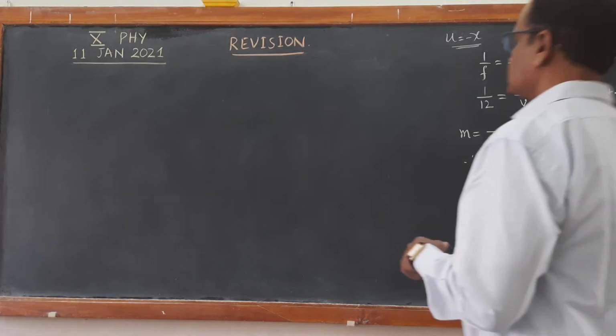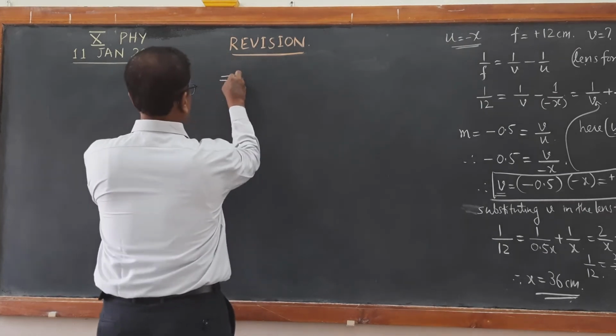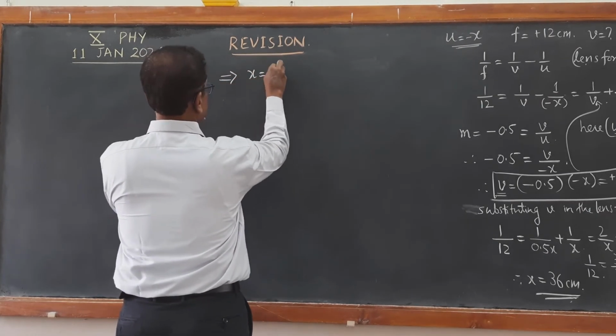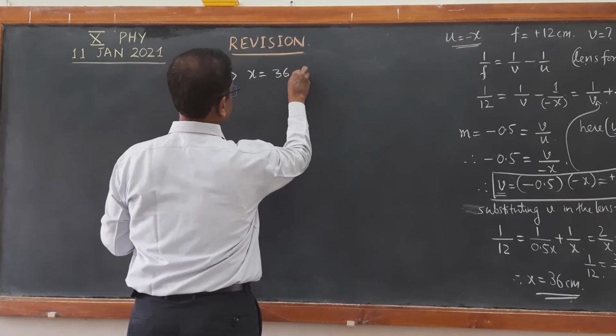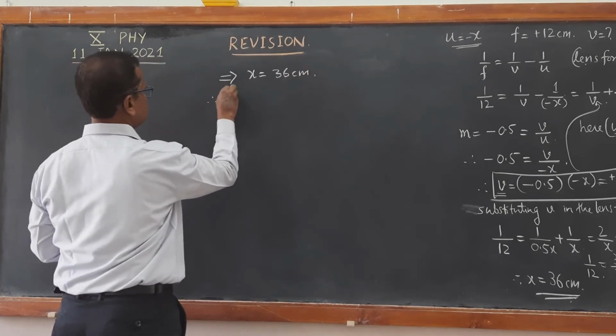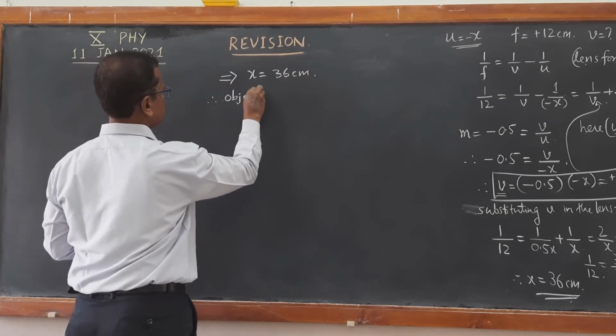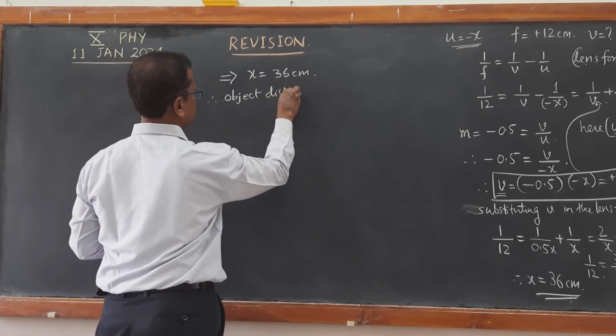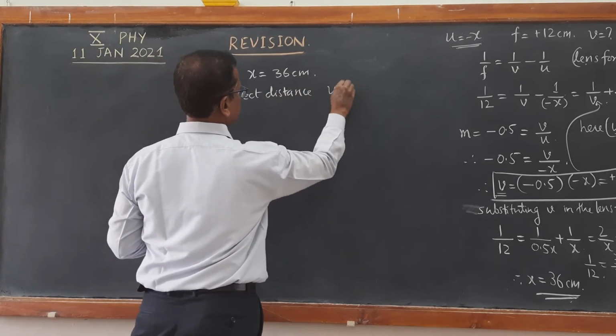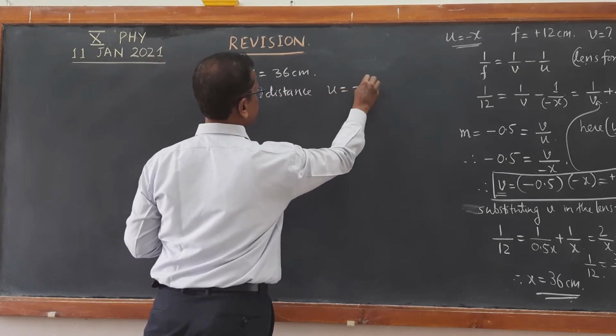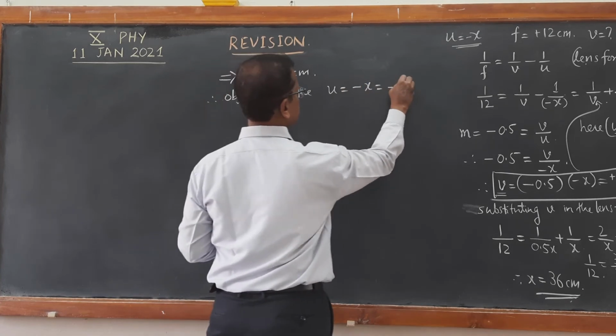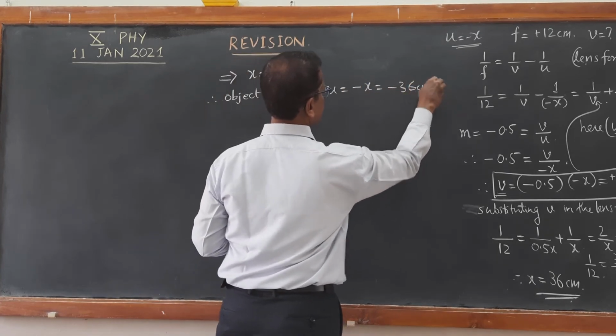Therefore, the object distance which we have assumed, u is equal to minus x, is equal to minus 36 centimeter.